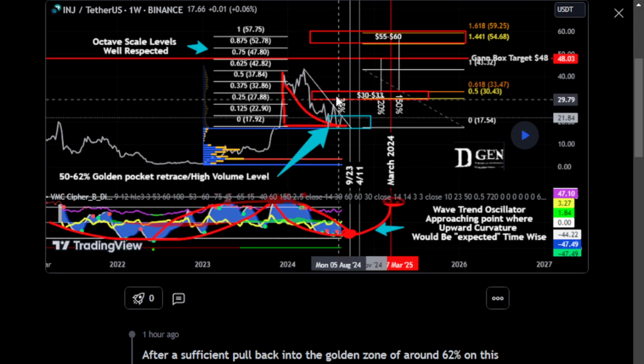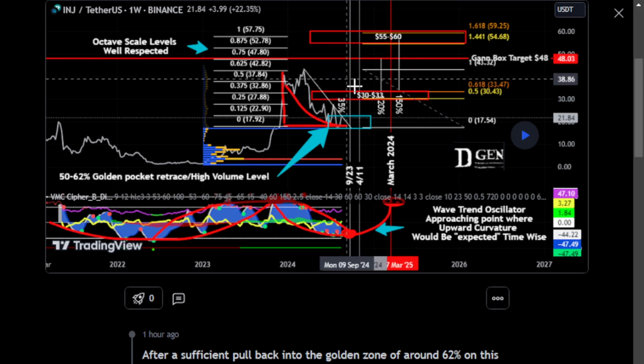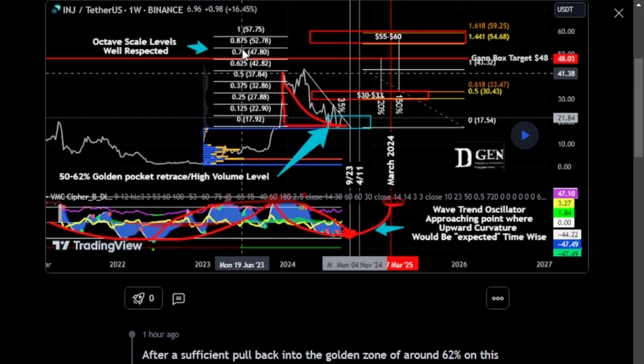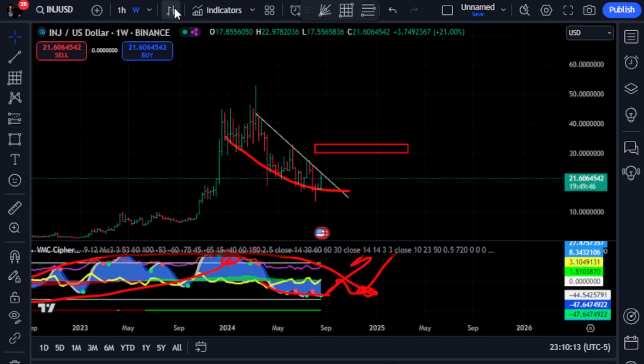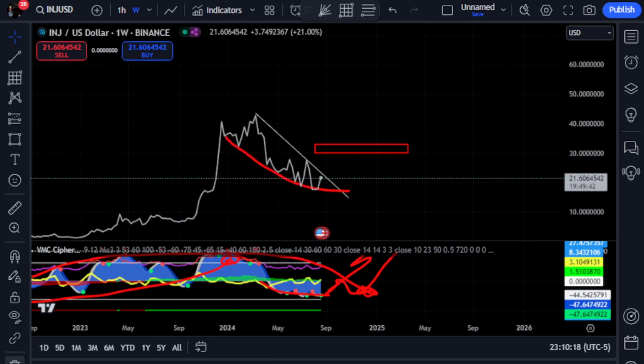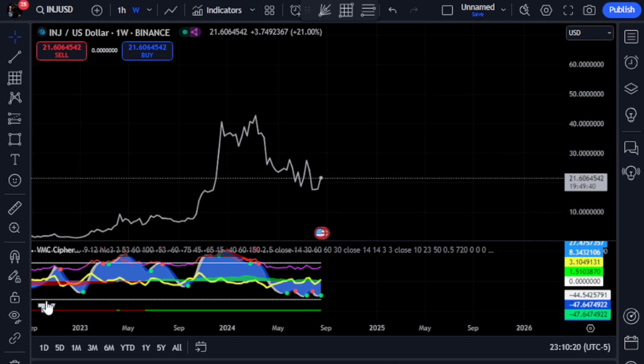We've got our Gann box giving us the same time references as our oscillator. And then we've got all these levels here from our octave scale. So let's go ahead and switch right back to the line chart. Hit the delete button. And what we're getting here is all these different forms of confluence.